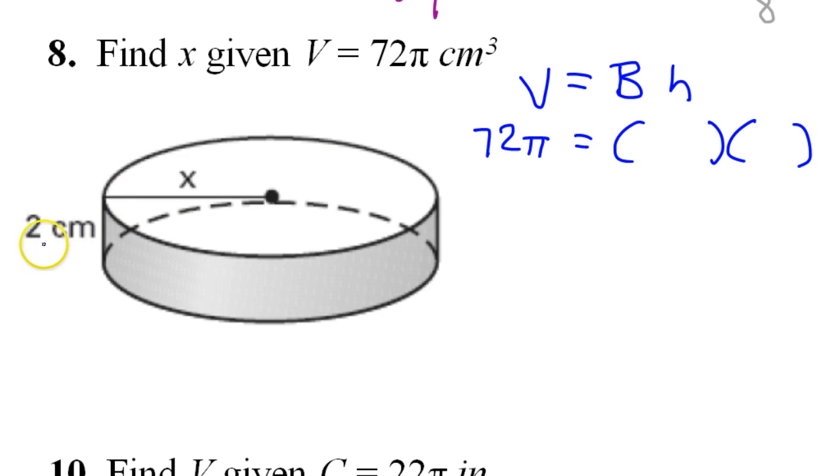Now we're also given the height of the cylinder, so we can go ahead and put that in. Now the area of the base is a circle, so we know that area is pi r squared. So normally we might put pi r squared right here, but the radius is x. So we might as well put pi x squared.